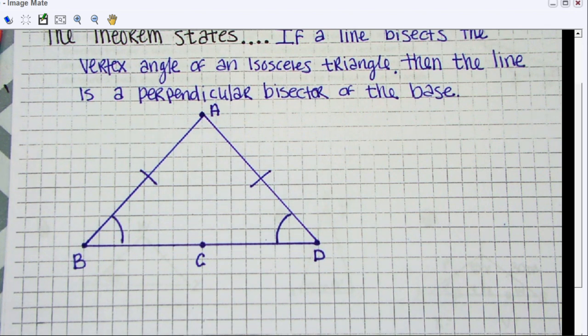So which angle represents the vertex angle? We've already got our base angle, so which letter is my vertex angle? The vertex angle is the angle that doesn't equal any of the other ones. So what letter is my vertex angle?